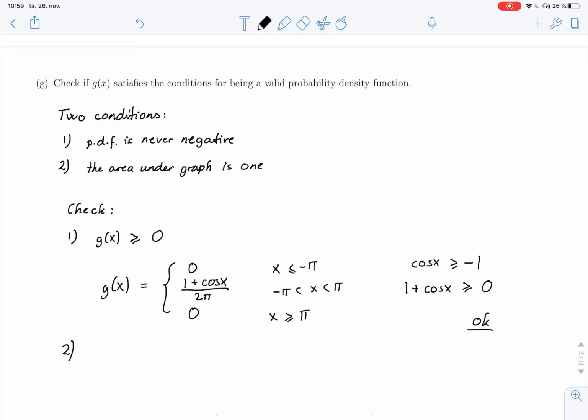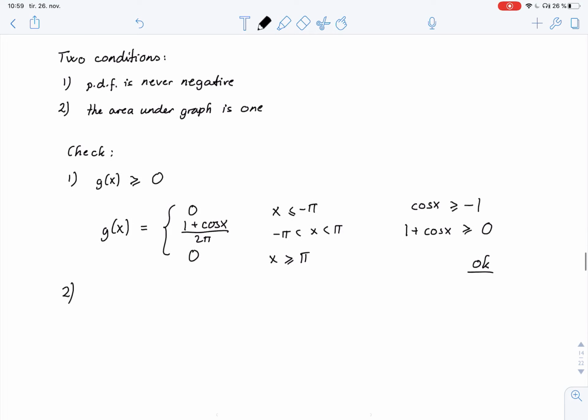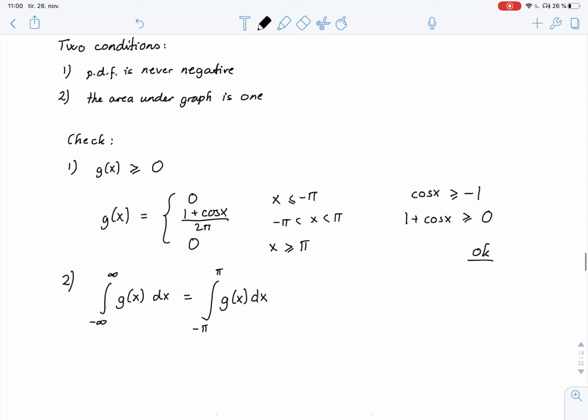The second, the area under the graph equals 1, so we need to check the integral, because that's how we find the area. Okay, we see that if x is larger than pi or less than minus pi, we get 0. So this would be the integral we can restrict a bit.